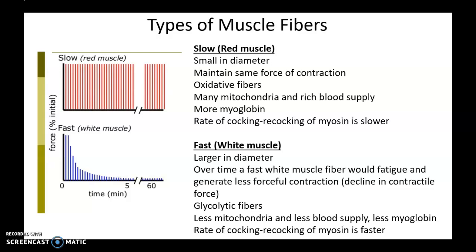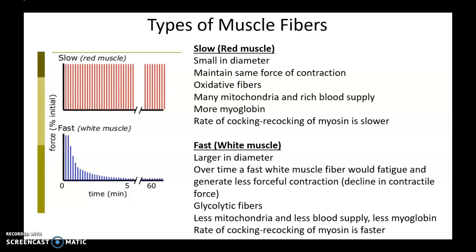In contrast, the fast white fibers are considered anaerobic. They generate ATP through an anaerobic process called glycolysis. They therefore have a less robust blood supply and a low amount of myoglobin.